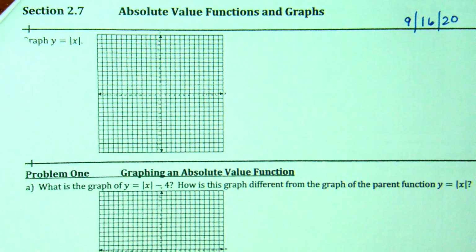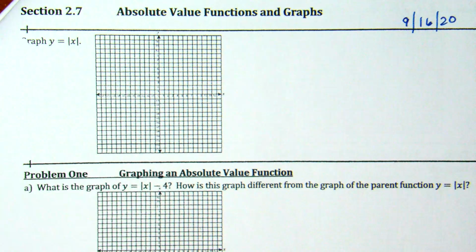Okay. Any thoughts on what the absolute value graph looks like? Okay. So, if you don't know what it looks like, what's our plan to figure out what it looks like? No. I can't just draw any random line and hope it's right, especially when this isn't even going to be a line.